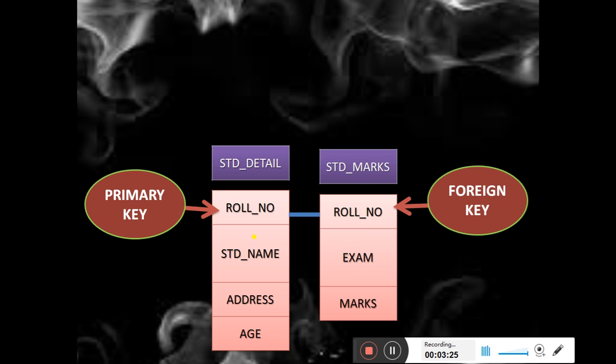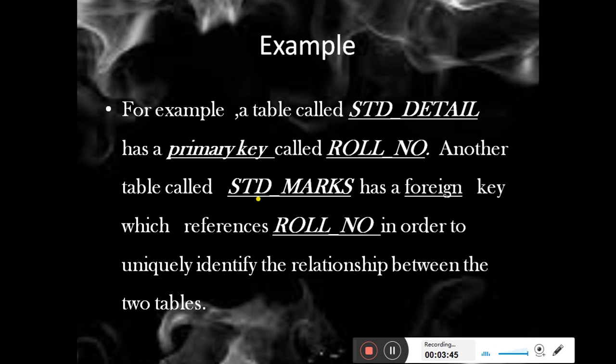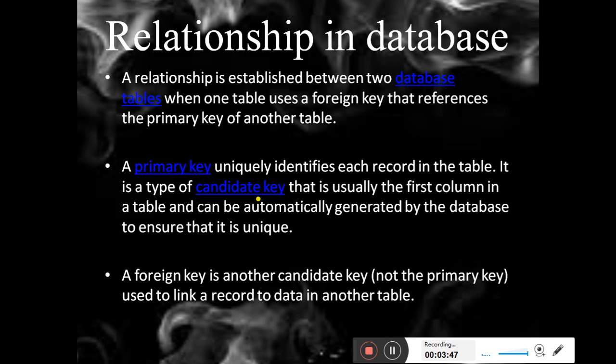So what is this? A relationship is established between two tables when one table uses a foreign key that refers to the primary key of another table. Got it? A primary key uniquely identifies each record in a table. What is a primary key? It is a unique identification to the table, right? You can assign the primary key to one of the columns.